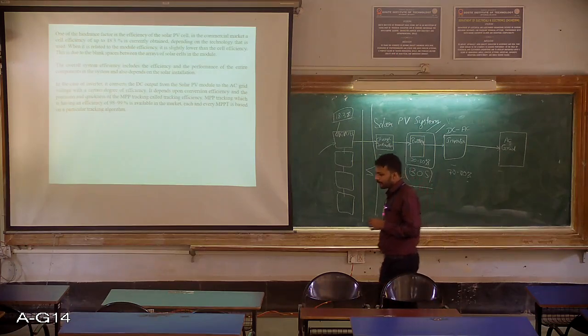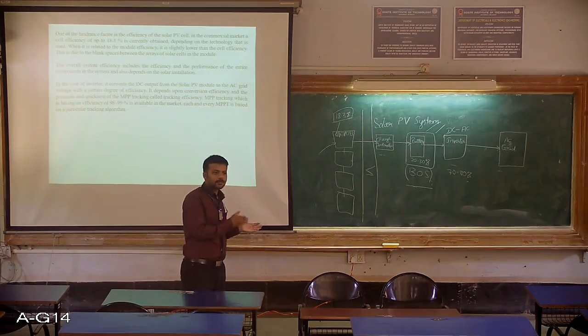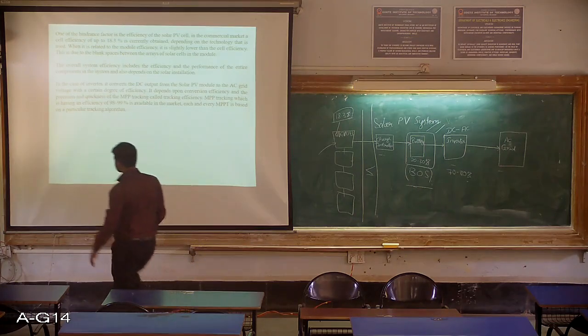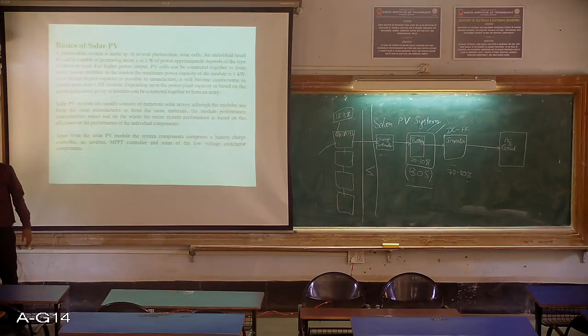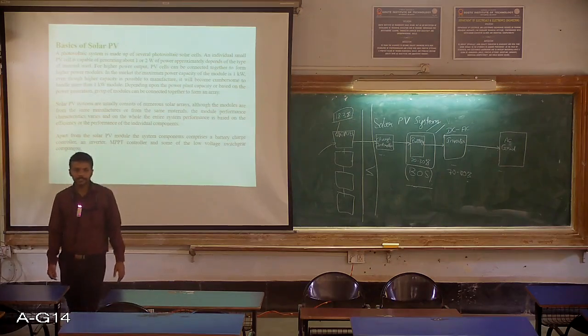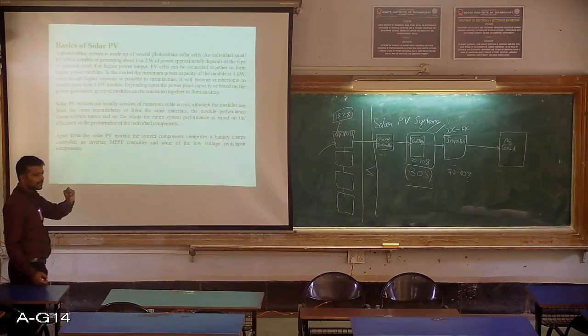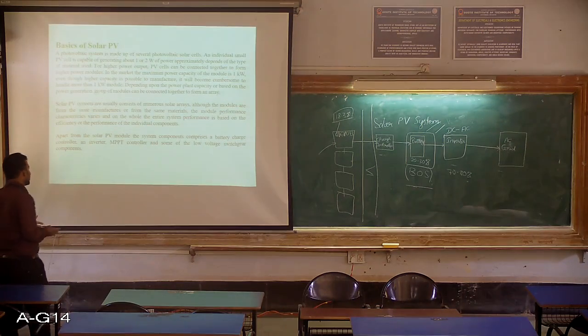In tomorrow's class, or the next class, we are going to discuss the different MPPT techniques which are available and how to improve the efficiency of the solar system. And now this is about the components of solar PV, or the basics of solar PV. In the basics of solar PV, we have discussed how much power each cell, each PV can produce, and how these will be interconnected in series and parallel fashion.